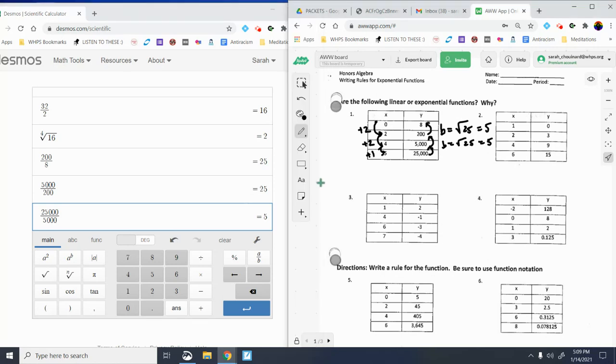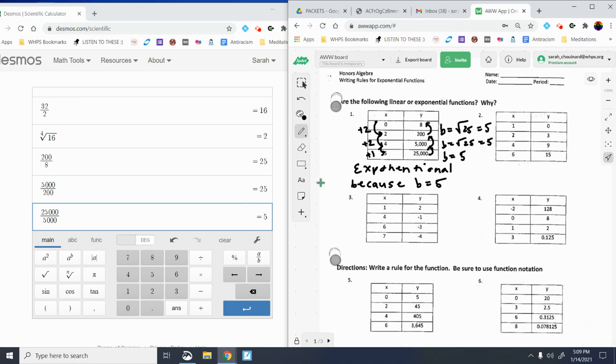When x increases by 1, you don't take the square root. So b is 5, so this is exponential because there's a common growth factor.